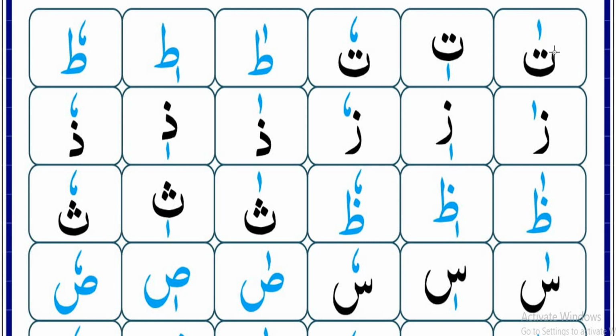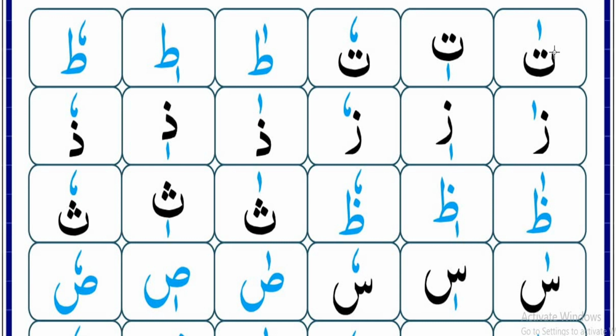For example, if you read ta with three regular signs, the sound would be ta, ti, tu. So you don't stretch the sound. Ta, ti, tu, ba, bi, bu, la, li, lu, fa, fi, fu. This is how you read different letters with the regular harakaat, the regular symbols.